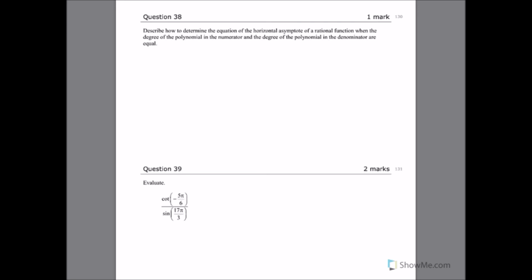Describe how to determine the equation of the horizontal asymptote of a rational function when the degree of the polynomial in the numerator and the degree of the polynomial in the denominator are equal. So we saw this in an earlier question.